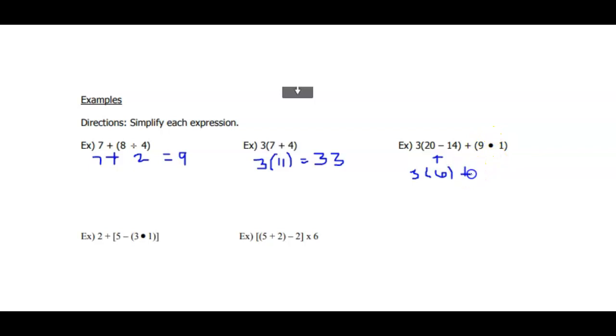Well, that's just 9, okay? We see the hug happening here. That's a hug. That means multiplying. So I have to take 3 times 6. 3 times 6 is 18. Okay. And then 18 plus 9 is what, guys? 18 plus 9 is 27.